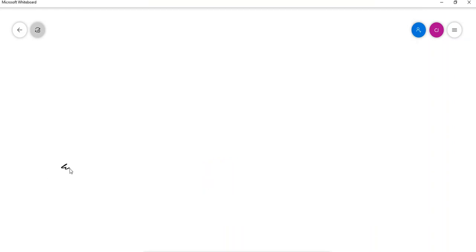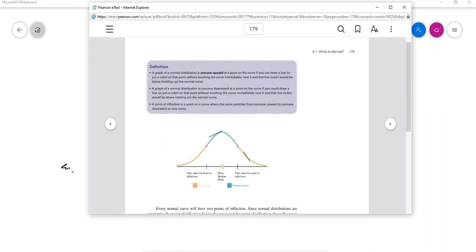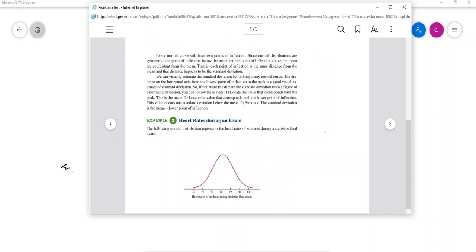I could draw on here, that would work, but I can't draw over this for some reason right now. Okay, we'll continue. So this part concaves down. Okay, it's kind of turned upside down. And this part again curves, kind of has this kind of upward slope to it. So that's all that's saying.